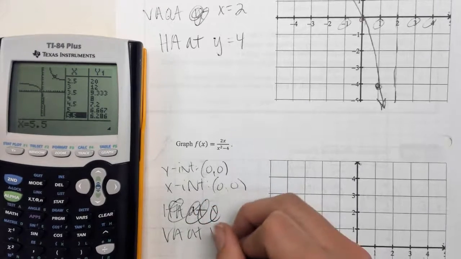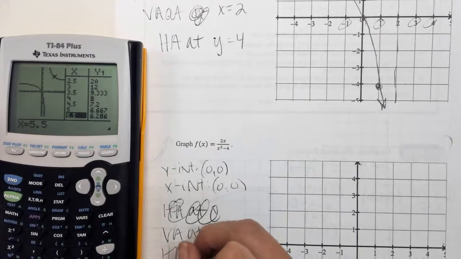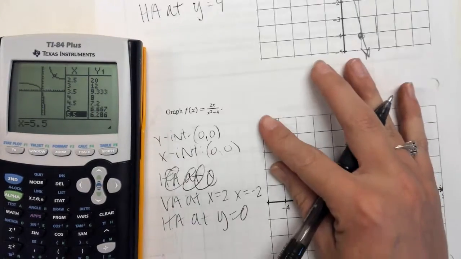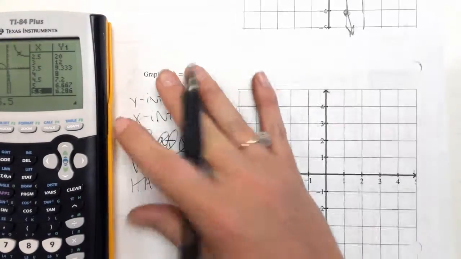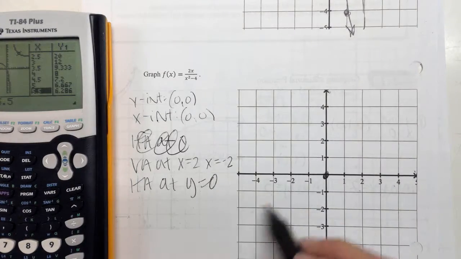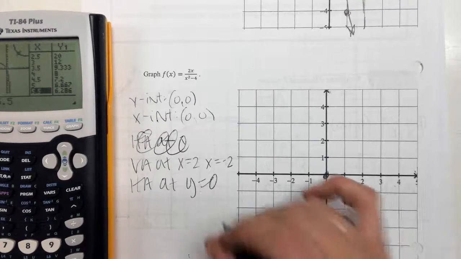VA at x equals 2 and x equals -2. HA at y equals 0. So I know this one looks weird because you have a HA at y equals 0, but then you have a point at 0, 0. But the horizontal asymptote and vertical asymptote doesn't necessarily apply to each piece.